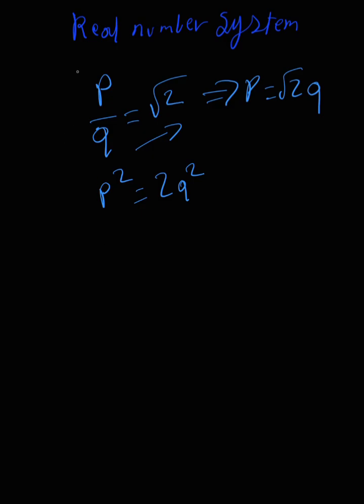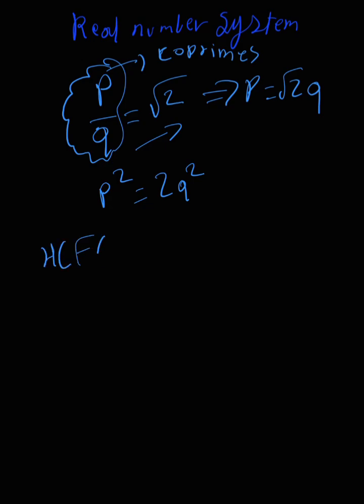Okay, what I am assuming is that p and q are co-primes. Co-primes are those numbers which have HCF 1. So p by q's HCF is 1. So they are co-primes. I'm just assuming that. So they are non-reducible. Now, if I take this fellow down, p square upon 2 is equal to q square.